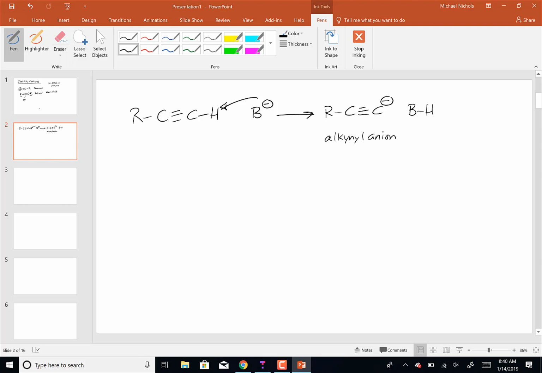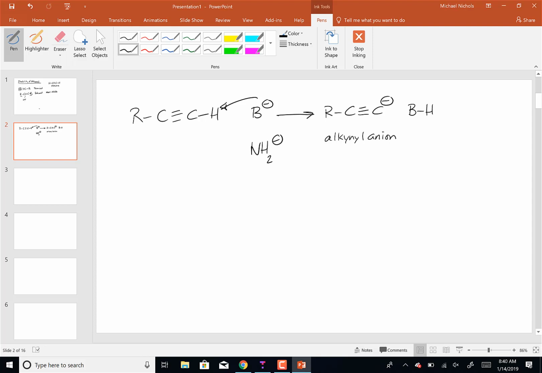This triple bond is actually not quite the strength of a regular C-, like an alkane. So the base that we can use to do the deprotonation is NH2-. And remember, NH2- last semester was our small, strong base.